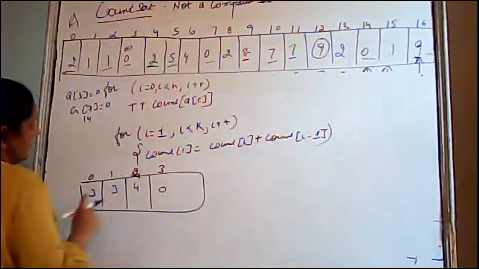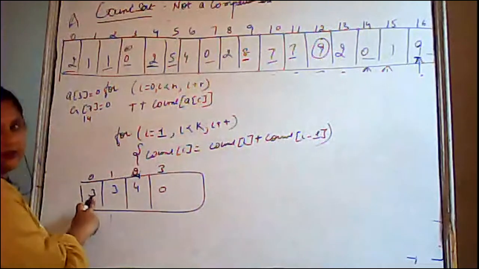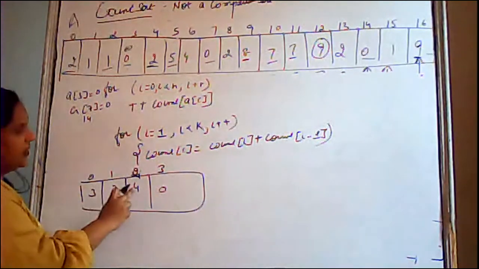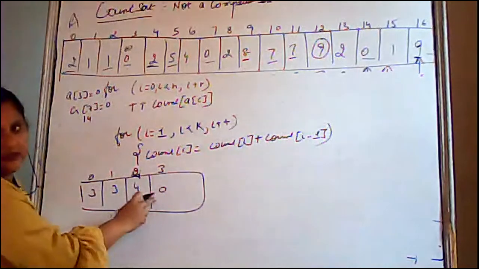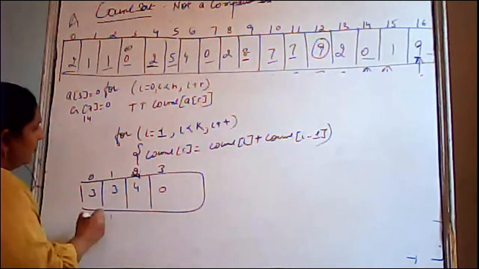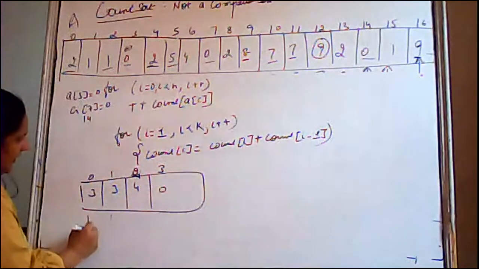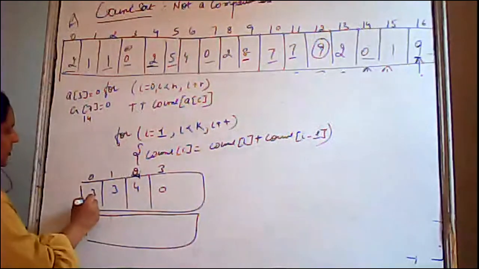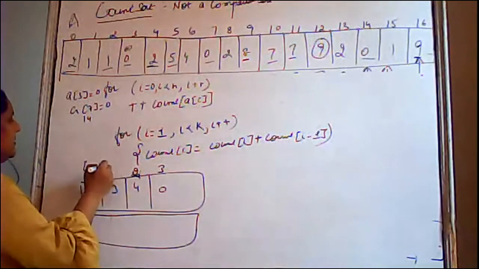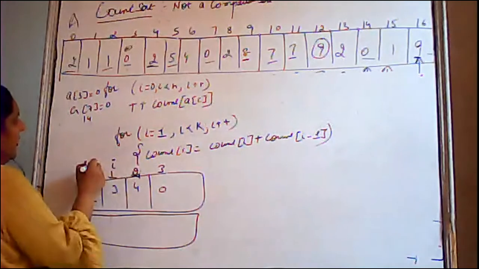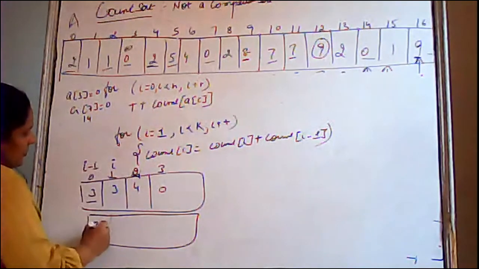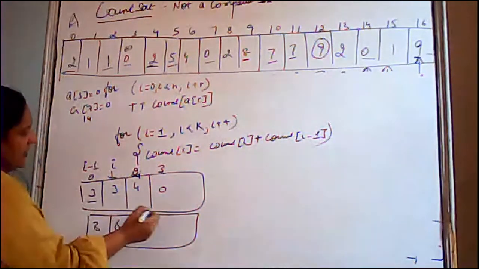So you can see 0 is occurring thrice, 1 is occurring thrice, 2 is occurring 4 times, and 3 is occurring 0 times. Now, when you make the cumulative count array, if this is count of I, this would be I minus 1. So this is 3, this is 3 plus 3, 6.